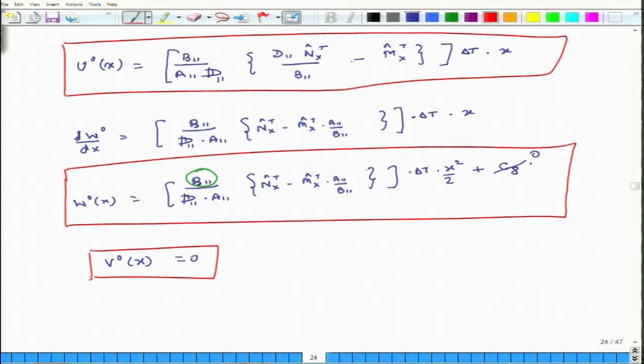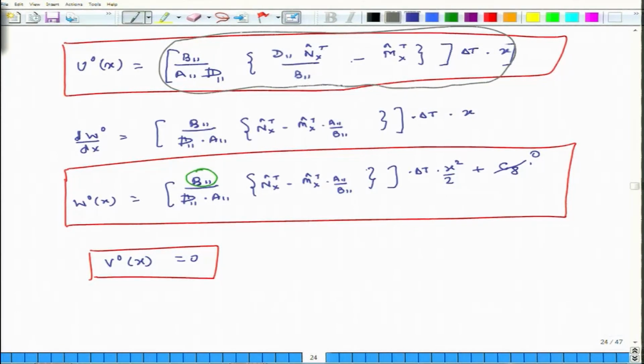Now, we will discuss these relations for a couple of minutes and then move on to the next topic. So, consider these and think about a scenario that when delta t is 0, what does the equation tell us? When delta t is 0, then all these terms are not 0, but they get multiplied by delta t.